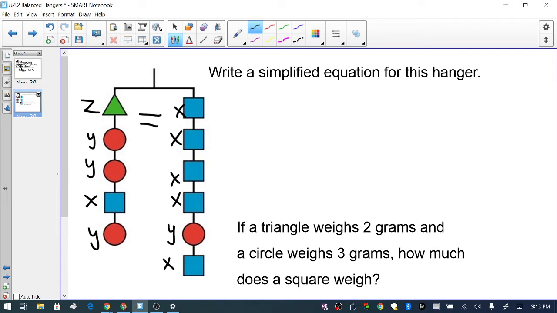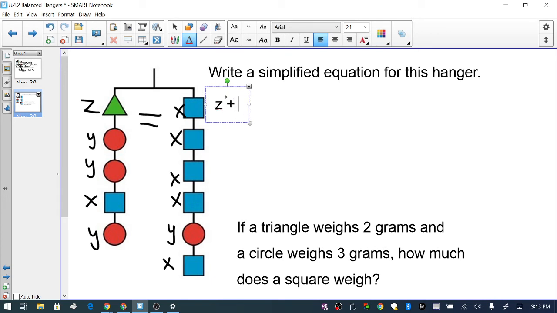Okay, now can we write an equation? Sure we can. Look at the left side and write the terms on the left side first. We have z plus y plus x plus y on the left side.